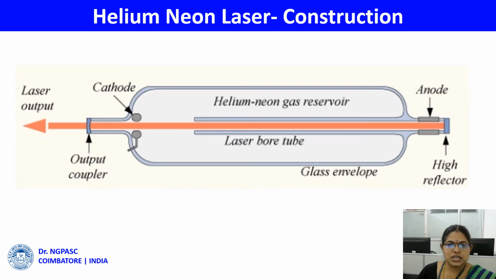This is the construction of the helium neon laser system. This is the schematic diagram. Here we are considering a glass envelope, which is made up of a glass tube. The tube where lasing action takes place consists of a glass envelope with a narrow capillary tube of small diameter through the center.